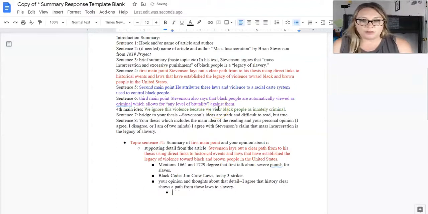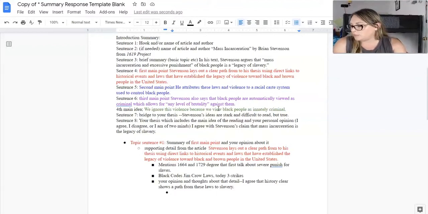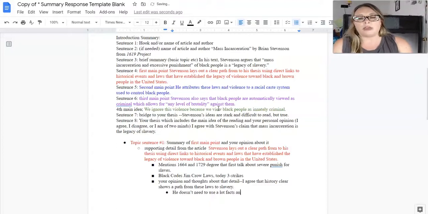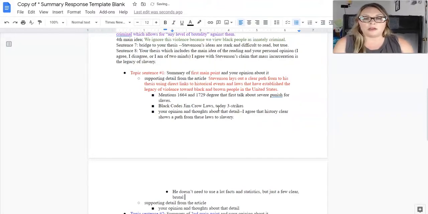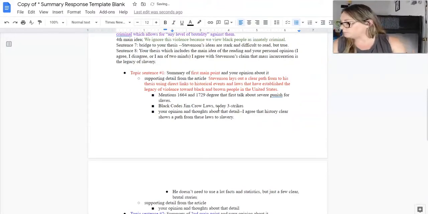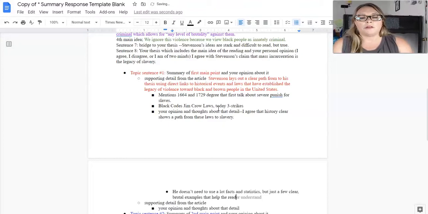And then you want to make sure that you have some kind of example or some other kinds of stories in your opinion. I would say something like, he doesn't need to use a lot of facts and statistics, but just a few clear, brutal stories, or examples, that help the reader connect the historical dots.